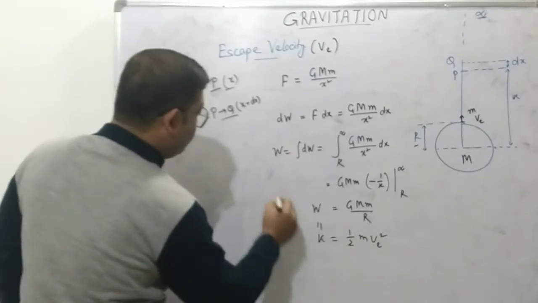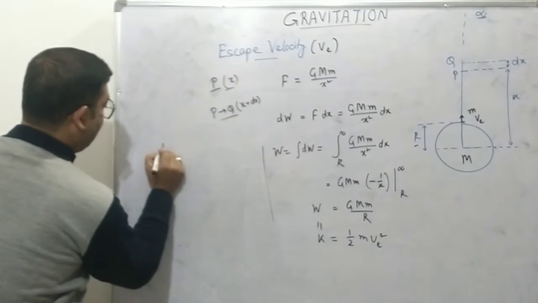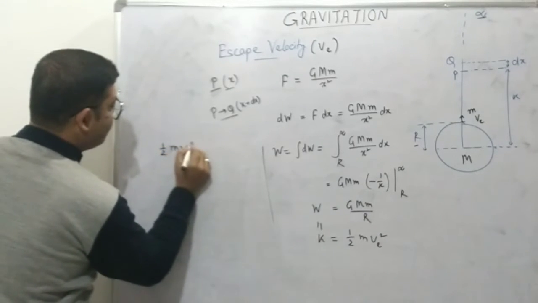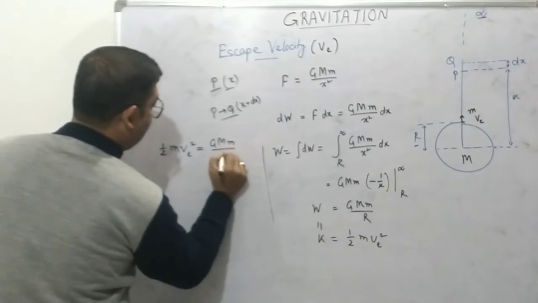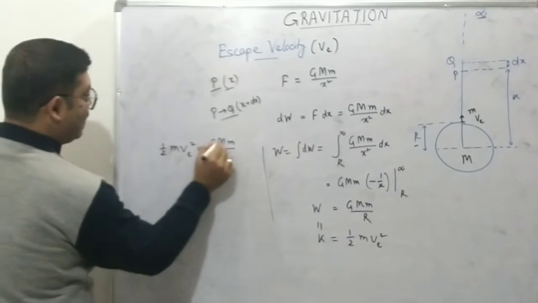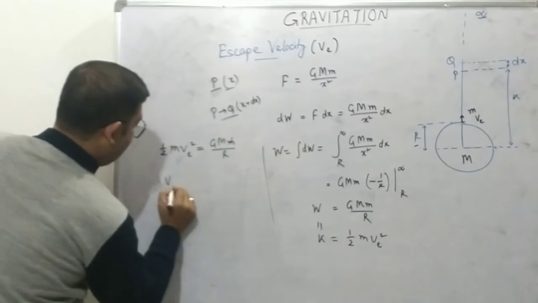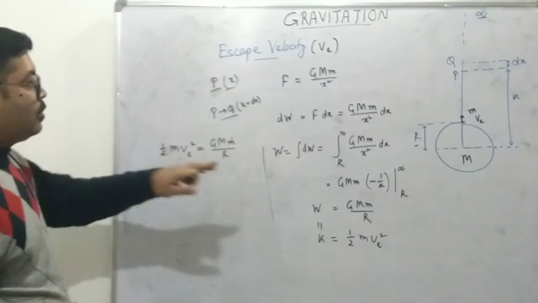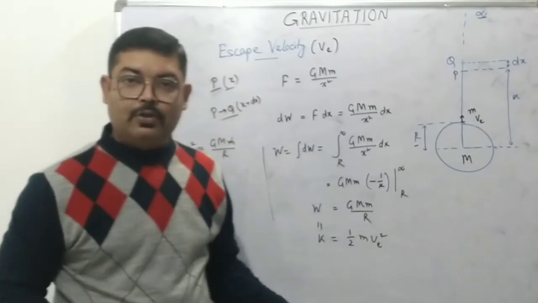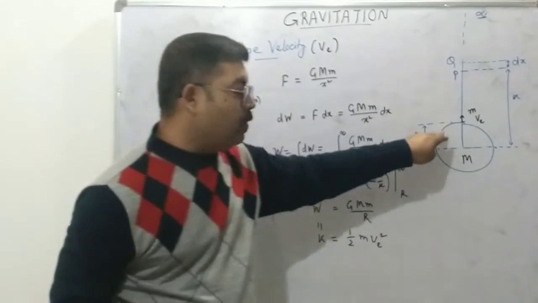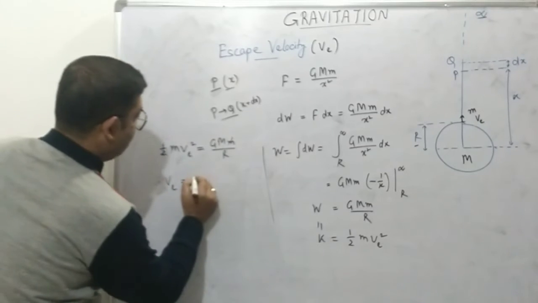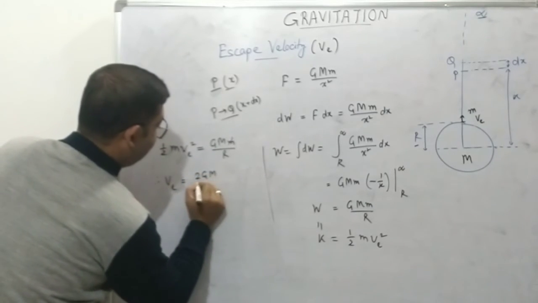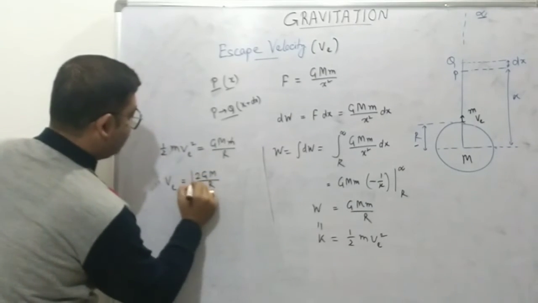If we equate these two, we get half m v escape squared is equal to G M m by r. The m's will cancel, and so the escape velocity with which an object needs to be projected so that it escapes the gravitational field of the given planet will be the square root of 2 G M by r.